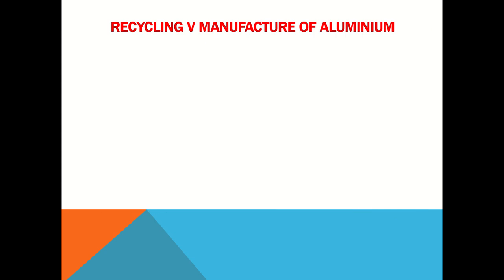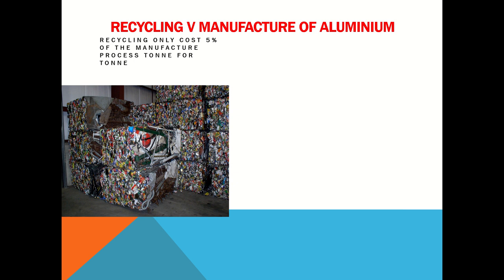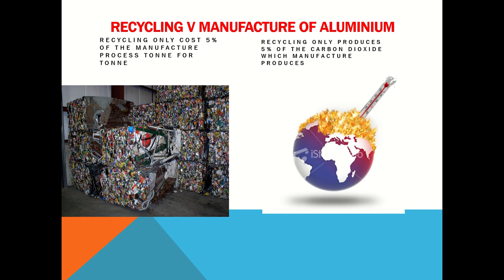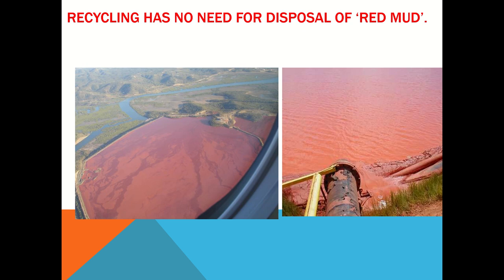Now, recycling versus manufacture of aluminium is a bit of an issue. Recycling only costs 5% per tonne of what it costs to manufacture aluminium in the process that we have just seen. Okay, recycling only produces 5% of the carbon dioxide that's produced in that manufacturing process when the carbon anodes burn off with oxygen. Recycling does not produce red mud, which we talked about earlier.